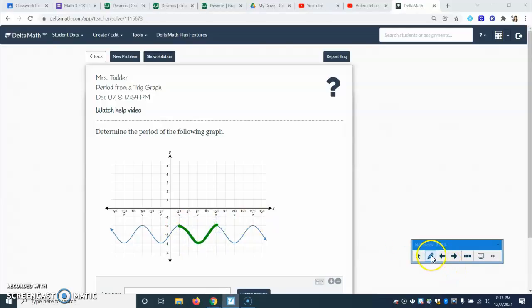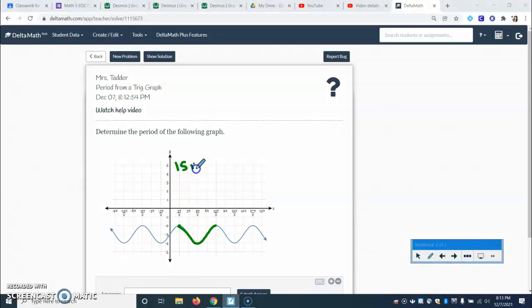But again, I can tell that that is one wavelength. If I just pick that up, I can use that one little piece to make the whole entire graph. That one wavelength is the whole graph. So that looks like 15 pi over 2 and 3 pi over 2.